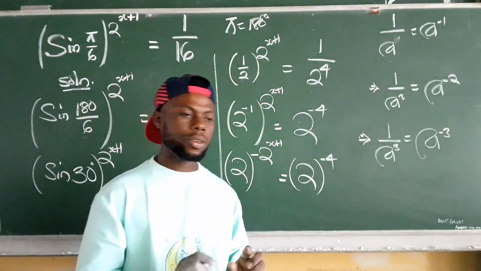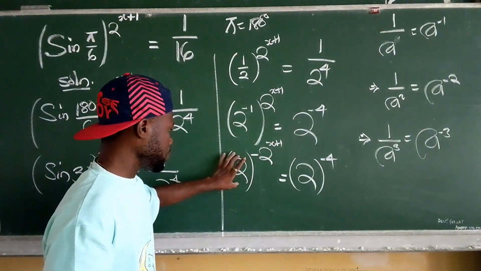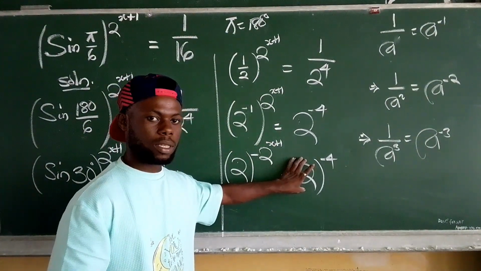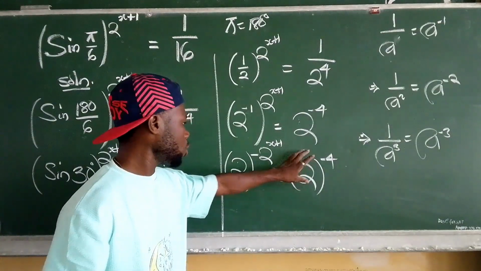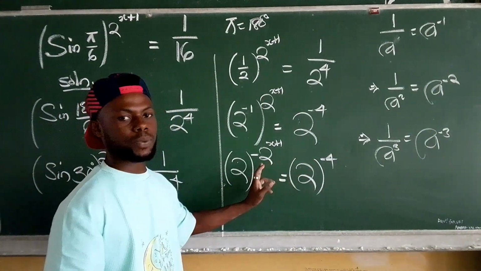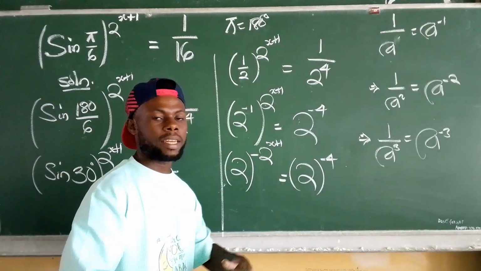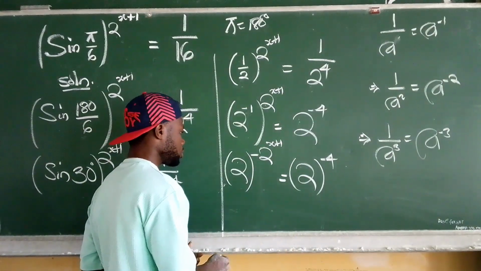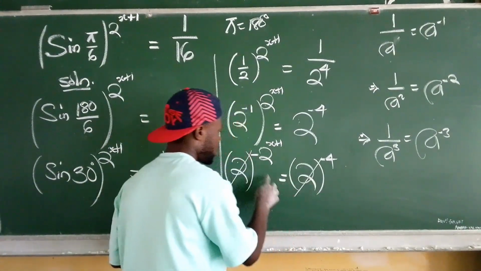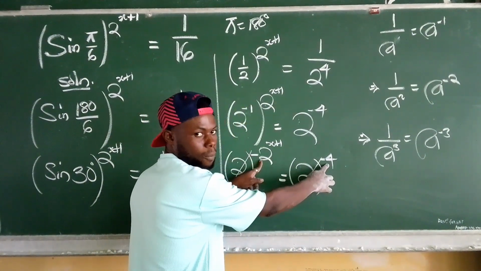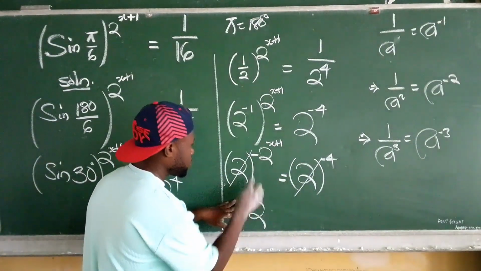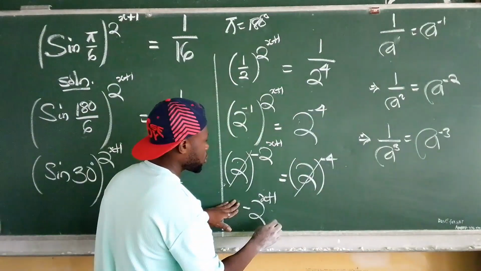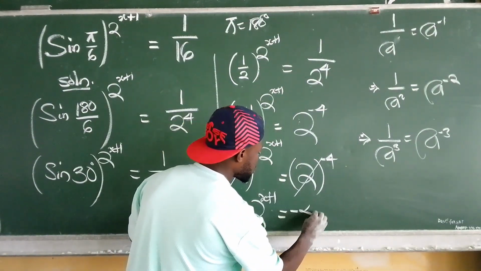The observation is that we have the same bases. This is a base and this also is a base, because they are the same. The law states that whenever you have equal bases with their respective powers in an equation, the bases go away and the powers are left. Because of that, we're going to have minus 2 times x plus 1 is equal to minus 4.